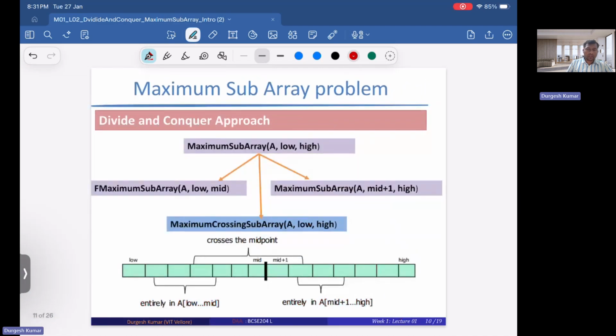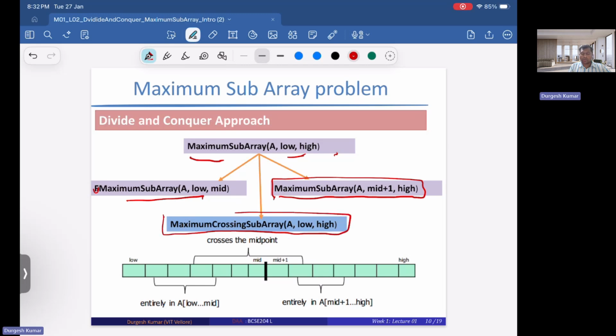Moving forward, the divide and conquer approach will be a recursive function where maximum subarray A, low to high, will call maximum subarray A, low to mid, maximum subarray A, mid plus 1 to high, and maximum crossing subarray A, low to high. So this finds the maximum subarray in the lower half.